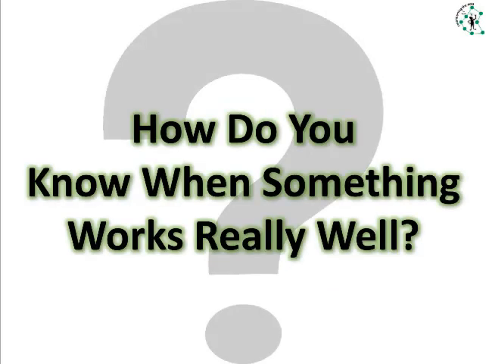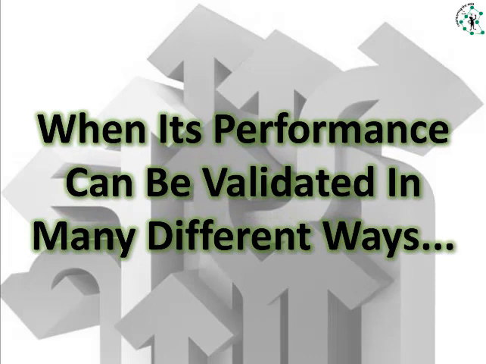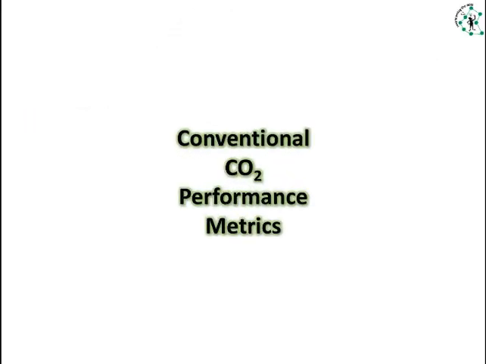How do you know when something works really well? The answer is when its performance can be validated in many different ways. CO2 technology performance can be validated in several ways.